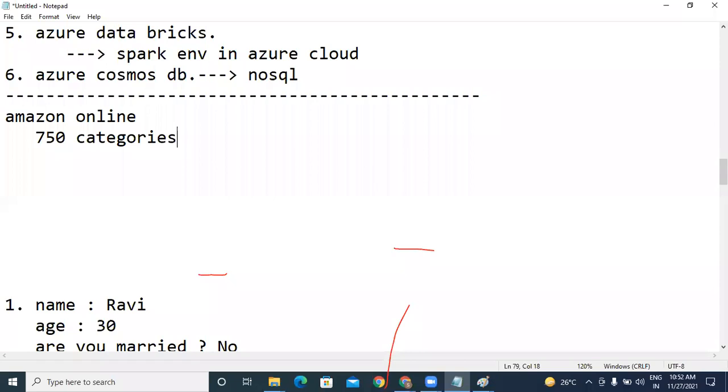Suppose you take books as one category. Toys, one category. Electronics and home needs, one category. In this way, they are selling a total of 750 different categories of products. Nowadays, including pickles, even provisional items and grains they are selling.